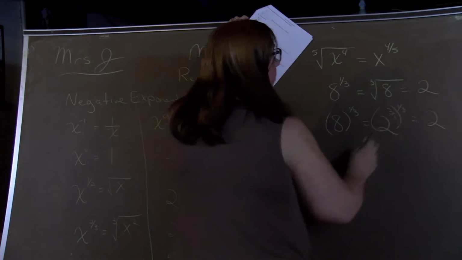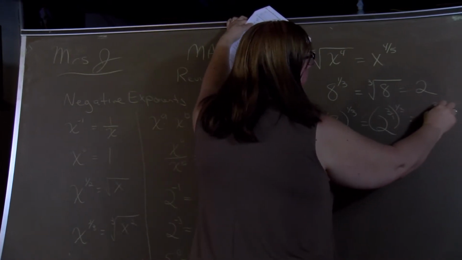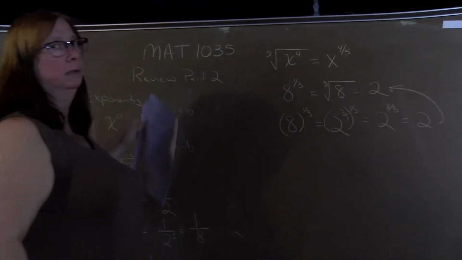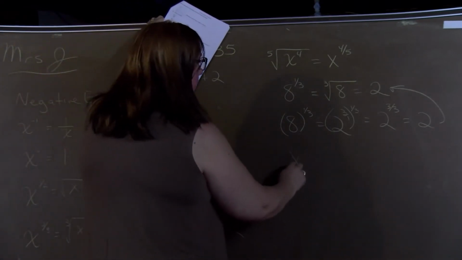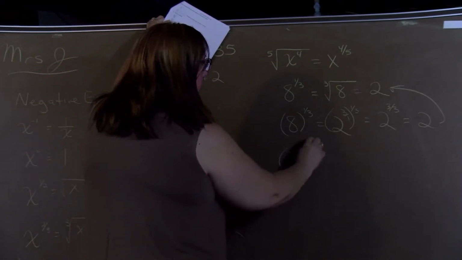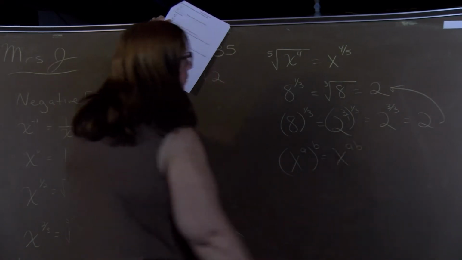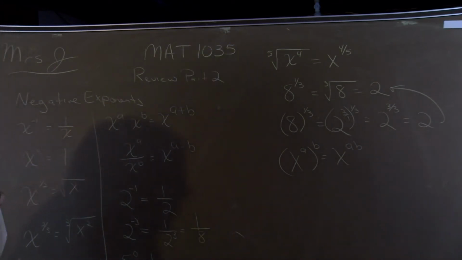So if we multiply 3 times 1/3, we get 3/3, or 1, so we get 2. So that means when you have an exponent to an exponent, you multiply.